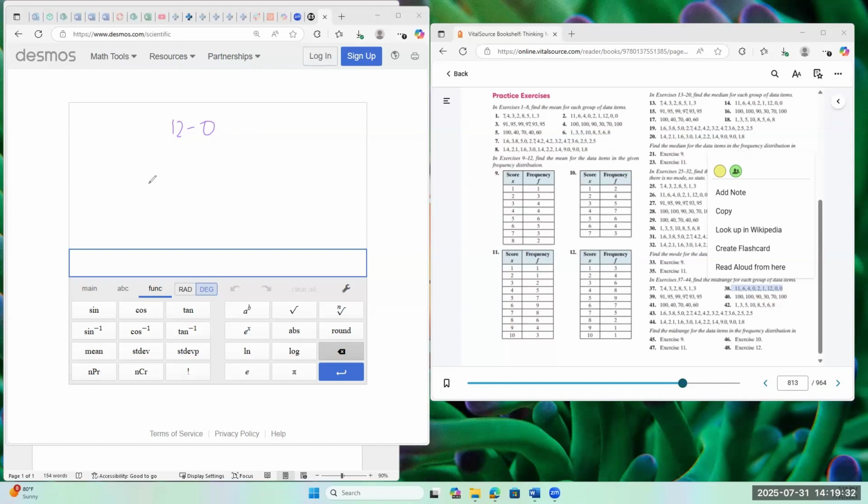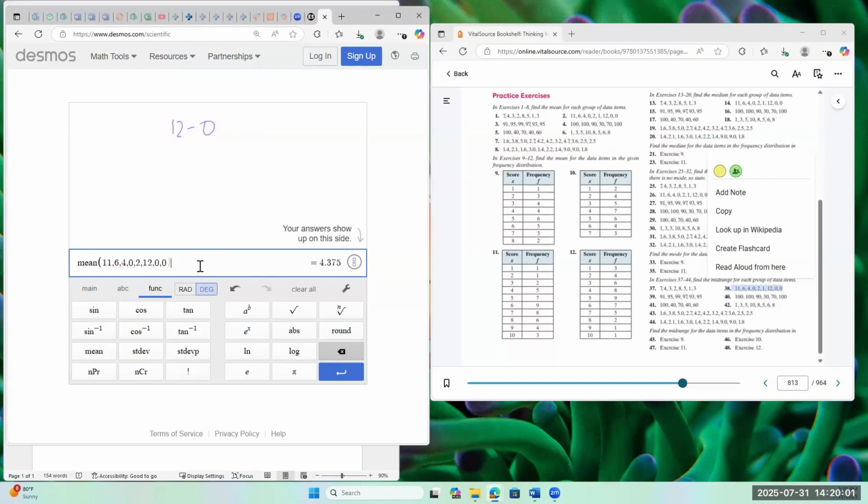If I wanted to find the mean and the median for that data, I can just type in mean and then type in the list of data. I don't even have to order it, and sometimes you can even copy paste it, though it doesn't work great with a PDF. So you can see the mean is 4.375.